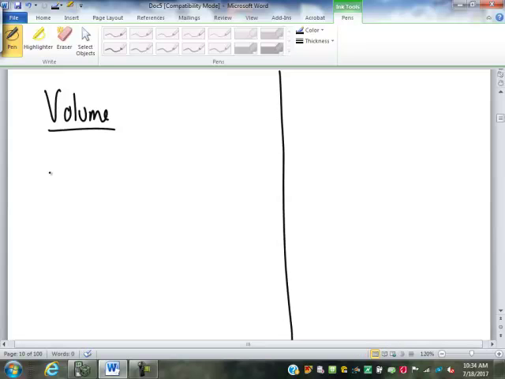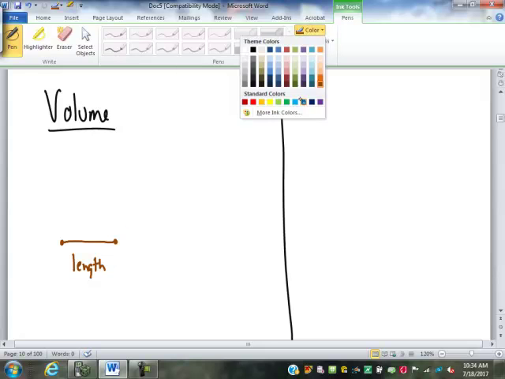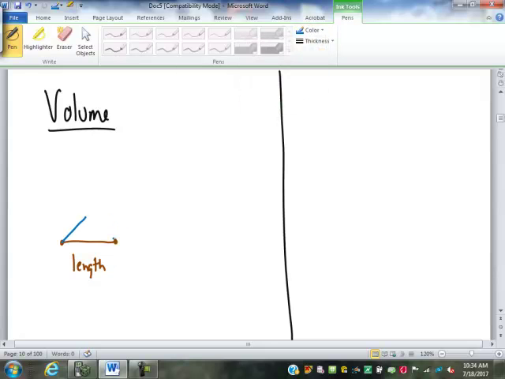Volume, if you recall, we took that point and pulled it in one direction to create a length, right? We took that length and pulled it in a second direction to create an area, correct? Pretend that's a rectangle there.